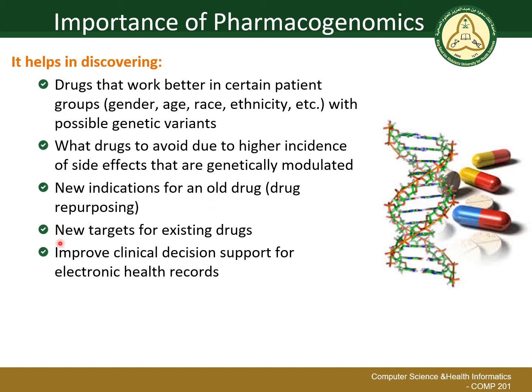The fourth point is new targets for existing drugs. So here we will target a new disease or a new condition with an existing drug, like the treatment of thyroid cancer.